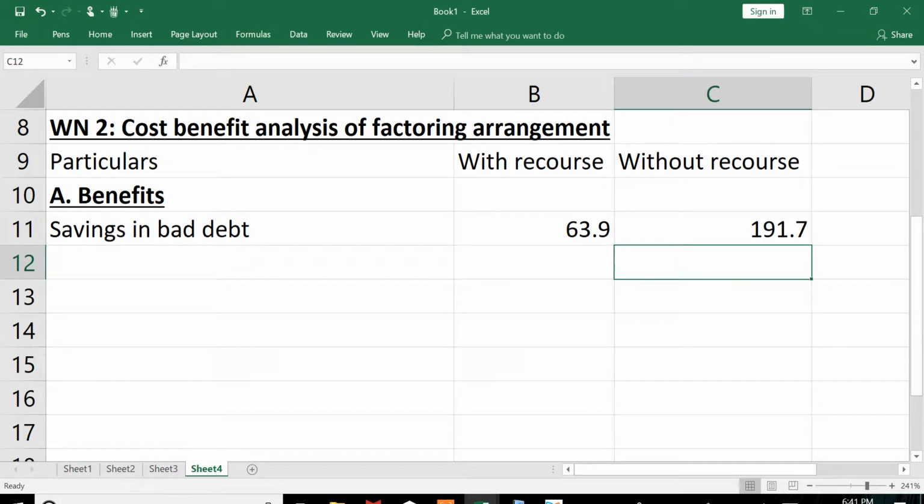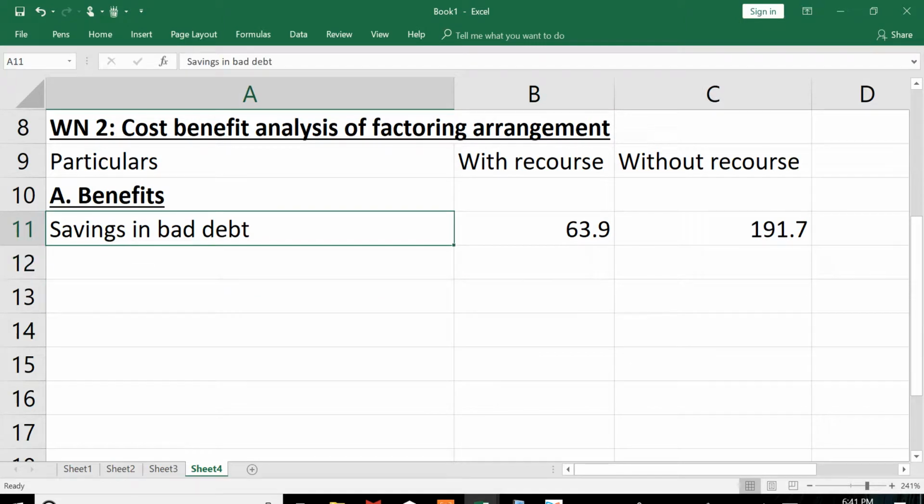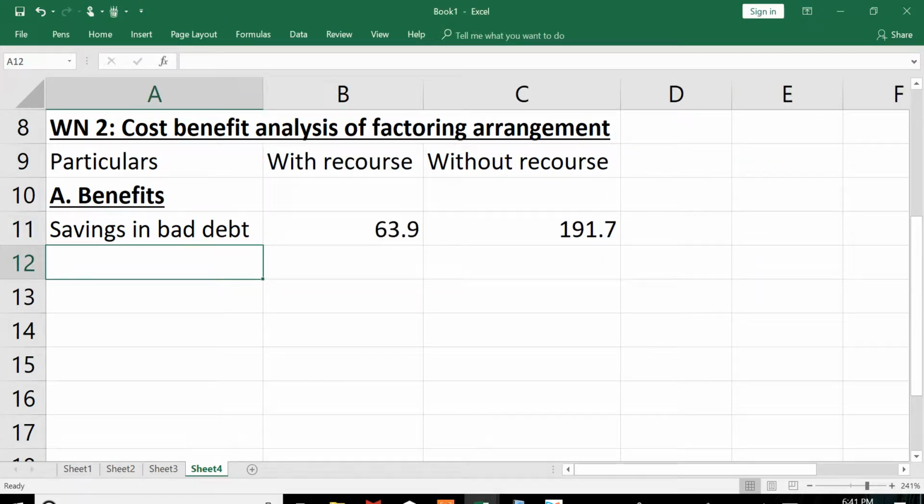Either you save 0.3 or 0.9. So that is 63.9 and 191.7.